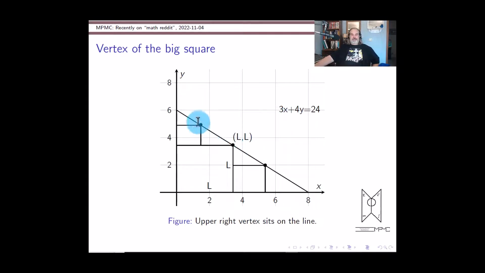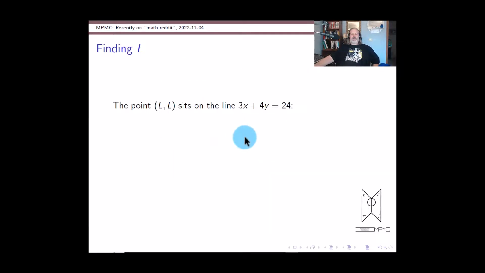And so points that sit on this line, if you take 3 times their x coordinate plus 4 times their y coordinate, you'd better get 24. And so this point, having coordinates L, L, and that point sitting on the line, that means that 3 times the x coordinate of L plus 4 times the y coordinate of L has to be 24.